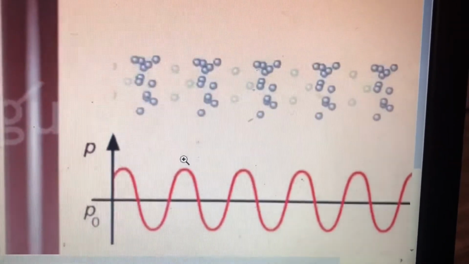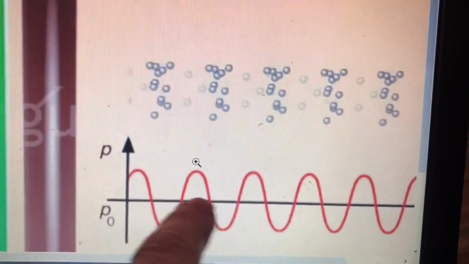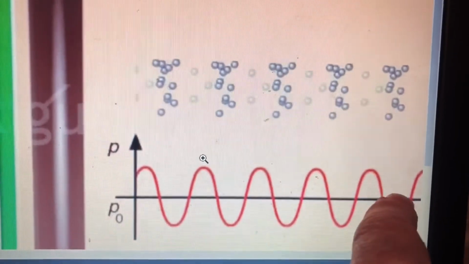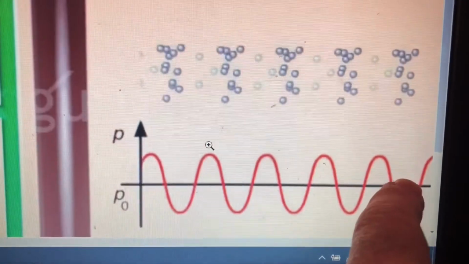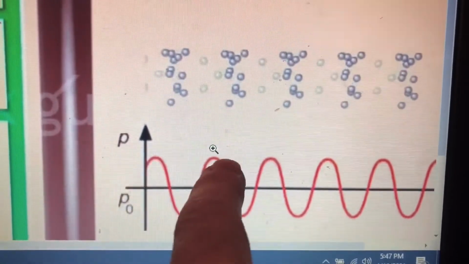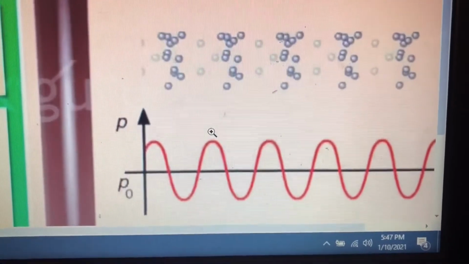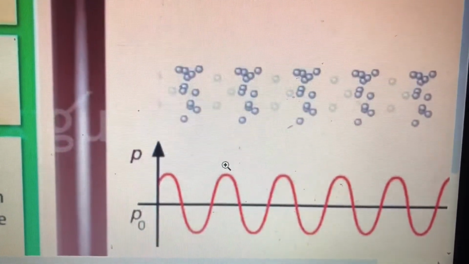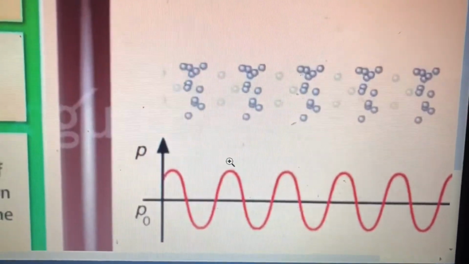They are hitting each other this way, and the sound is also going that way. Longitudinal. So the direction of the vibration of the particles is parallel to the wave, okay? So sound waves are longitudinal waves.